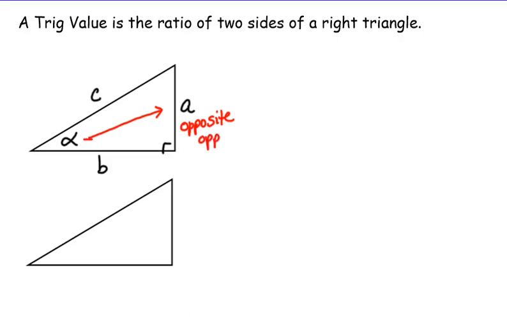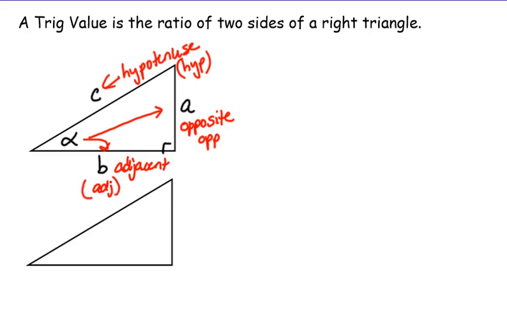The side next to the angle that I'm talking about, the side that's not the hypotenuse, the other leg, is adjacent, and we call this the adjacent side. It's next to the angle, and I'm going to abbreviate that ADJ. And then, of course, this is the hypotenuse, which I will abbreviate HYP. Sometimes I'll just abbreviate them A, O, and H too.